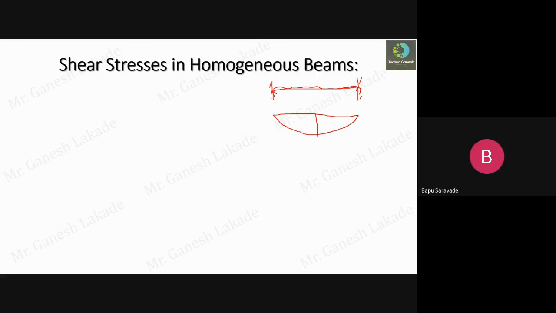What is the difference if there is a fixed support instead of a simply supported beam? Let us consider that this beam is fixed supported at both ends and is subjected to a uniformly distributed load. So will the bending moment diagram be similar to this, or is there any change?